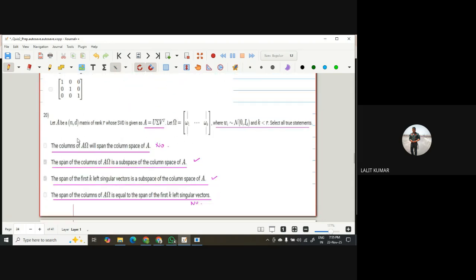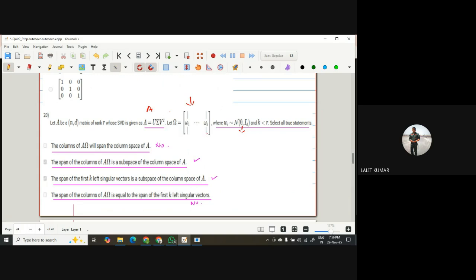Next, A is an n by D matrix of rank R, whose SVD is given as A equals U sigma V transpose. Let omega be W1 to WK, with a normal distribution. The columns of A omega will span the column space of A. This is wrong.